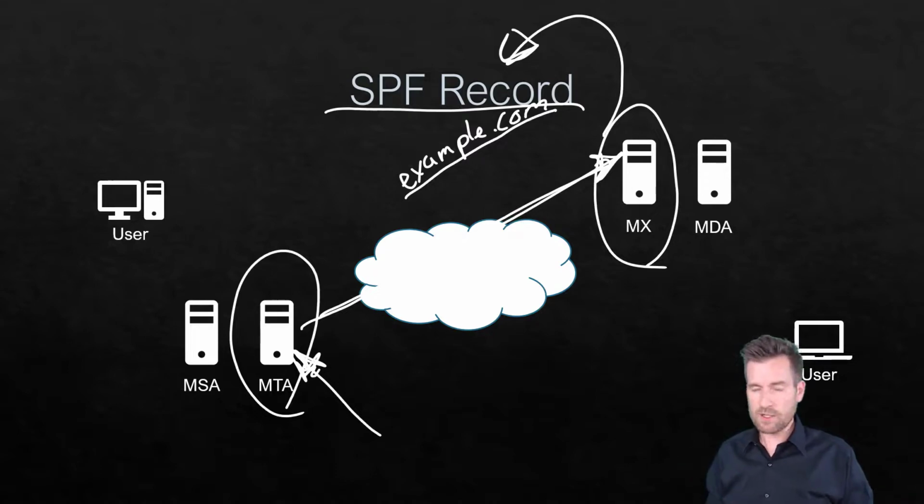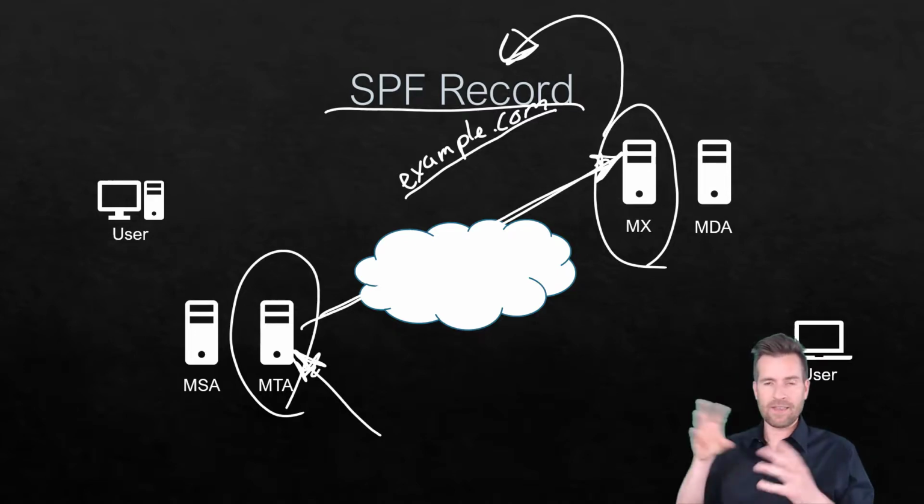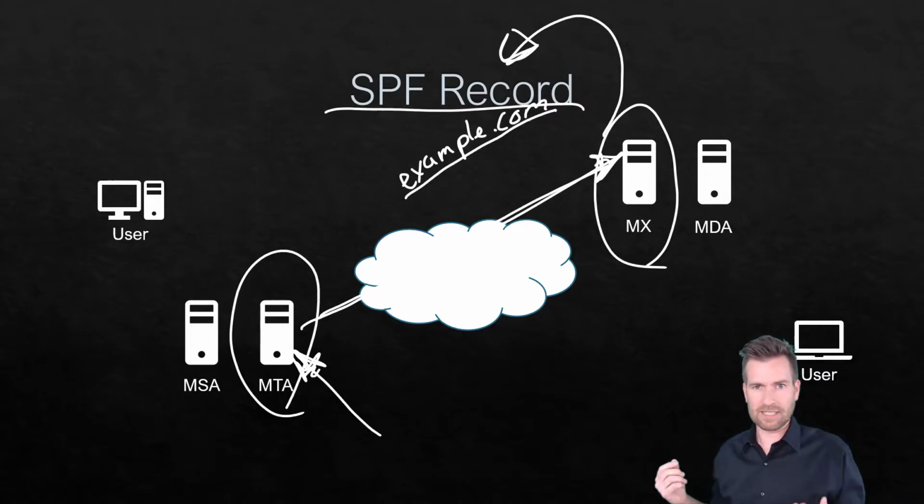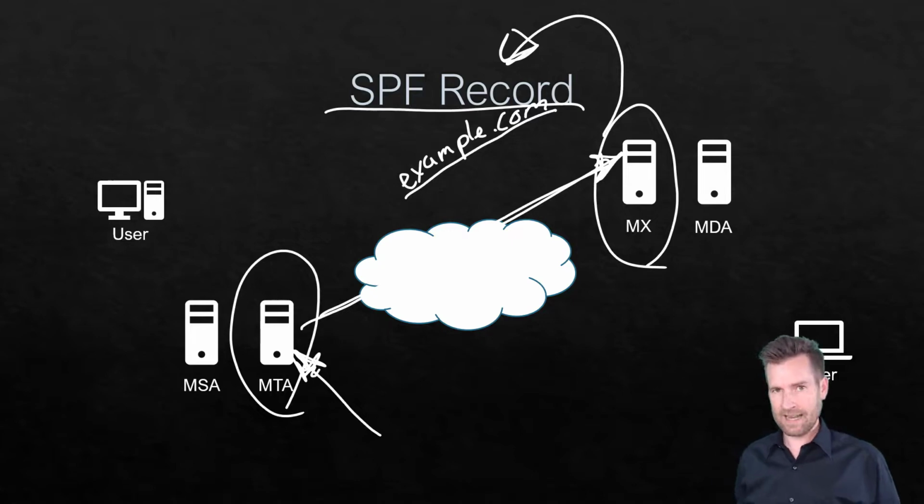A lot of times we don't just automatically assume that it's wrong, because there's a lot of mail being sent from a lot of different servers out there. So we don't automatically assume that it is bad mail, but it labels it as higher likelihood that it is bad mail. So that's what an SPF record does.